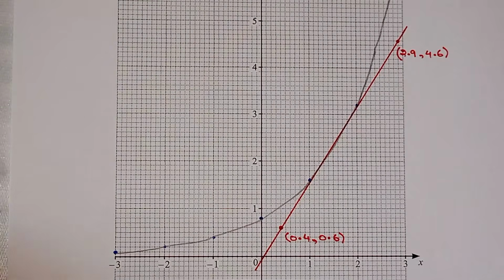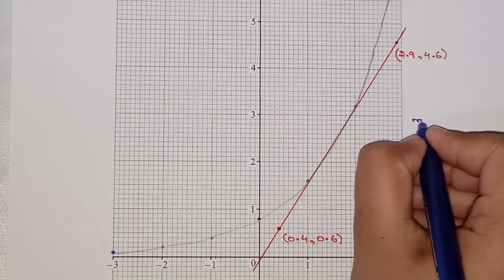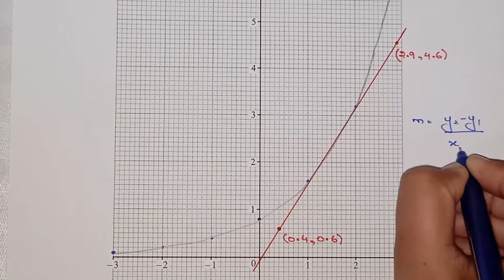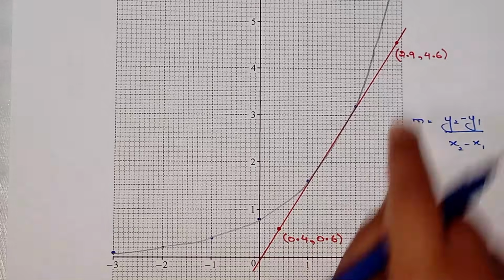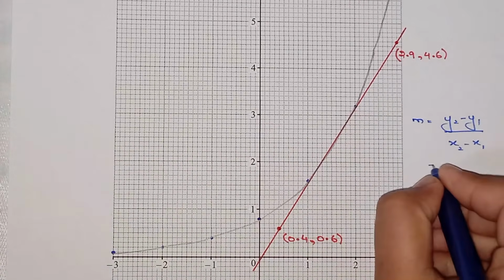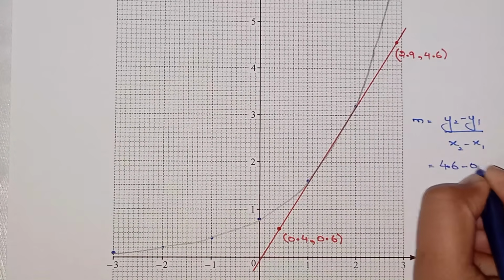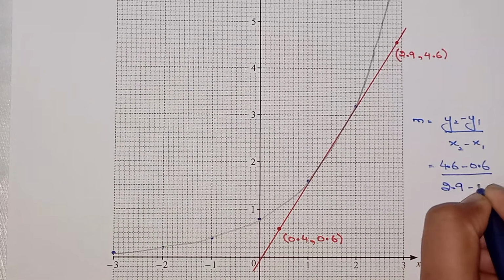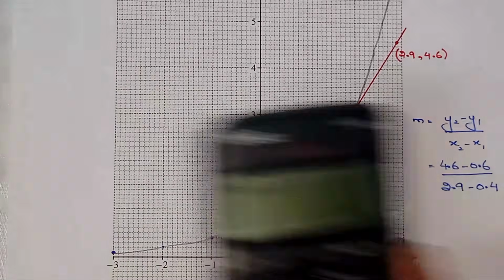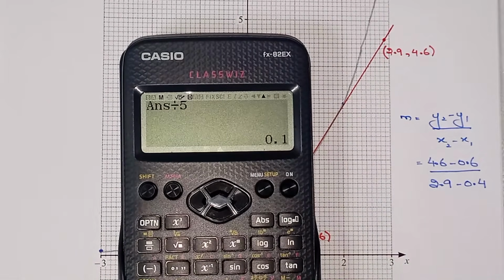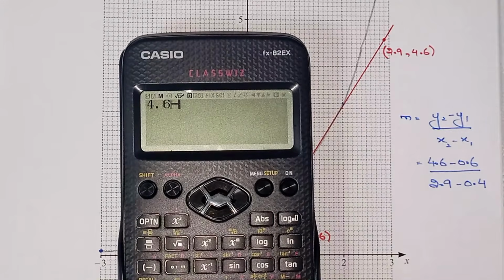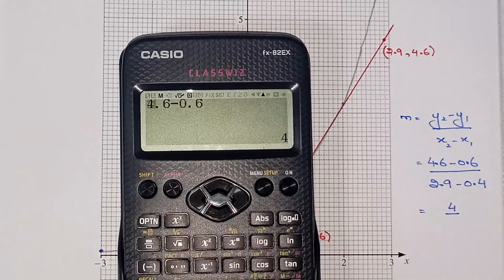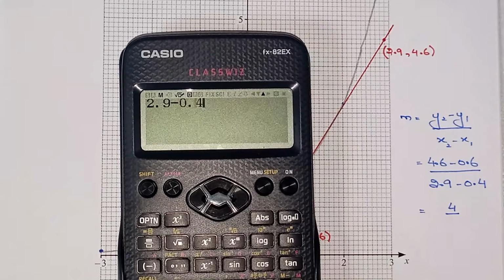We can easily find out the gradient by using the formula of slope, that is y2 minus y1 over x2 minus x1. This is x1 y1, this is x2 y2. y2 minus y1, this would be 4.6, subtract 0.6, over x2 minus x1. So this would be 4.6 subtract 0.6, equals to 4, divides 2.9 subtract 0.4.